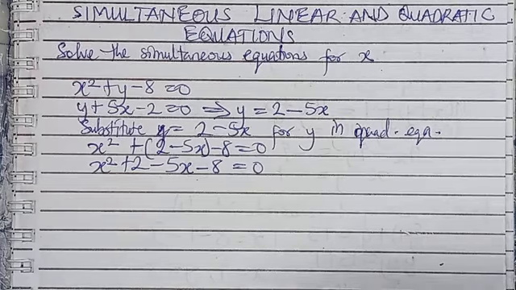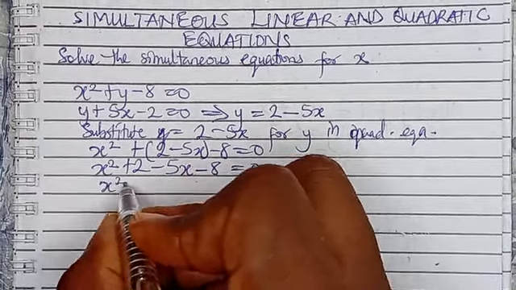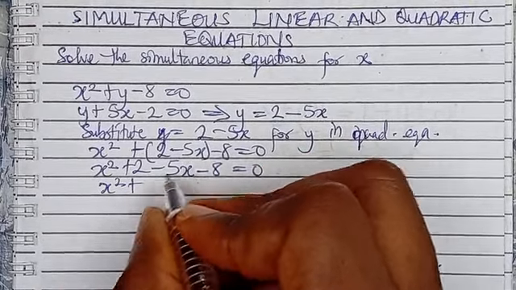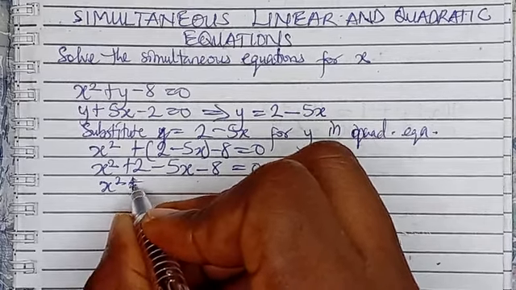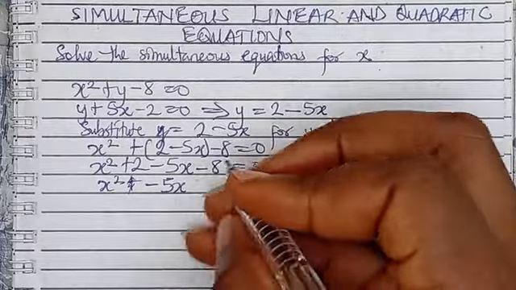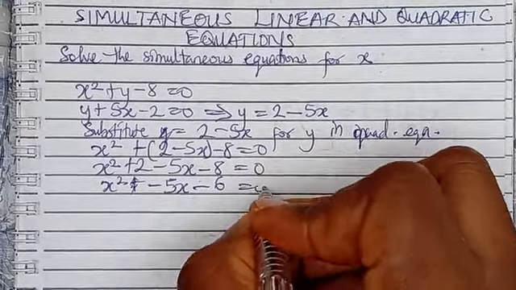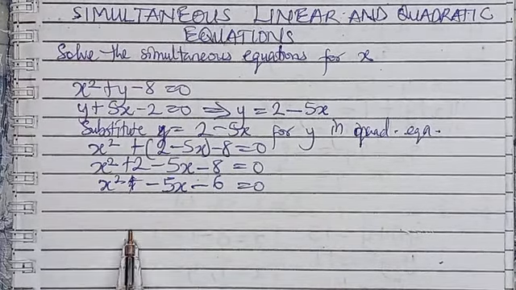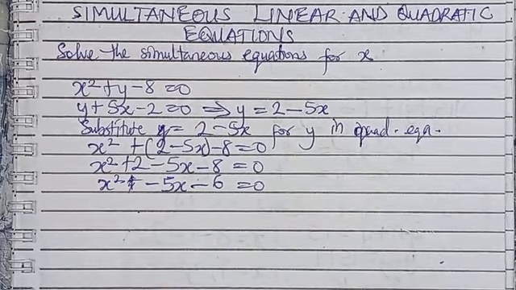Now to collect like terms, we have to write the coefficient of x first: x squared, minus 5x, plus 2 minus 8 is minus 6, and that is equal to 0. And right now we have a proper quadratic equation.